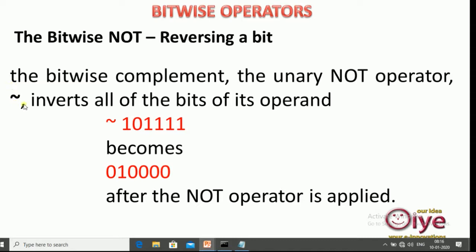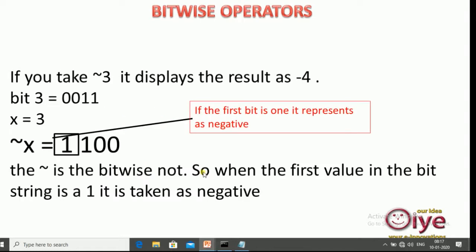It inverts all of the bits of its operand. If I take tilde 101111, then 1 is converted to 0, 0 is converted to 1, and all 1s are converted to 0s. So in Java, it works in a little bit different way.